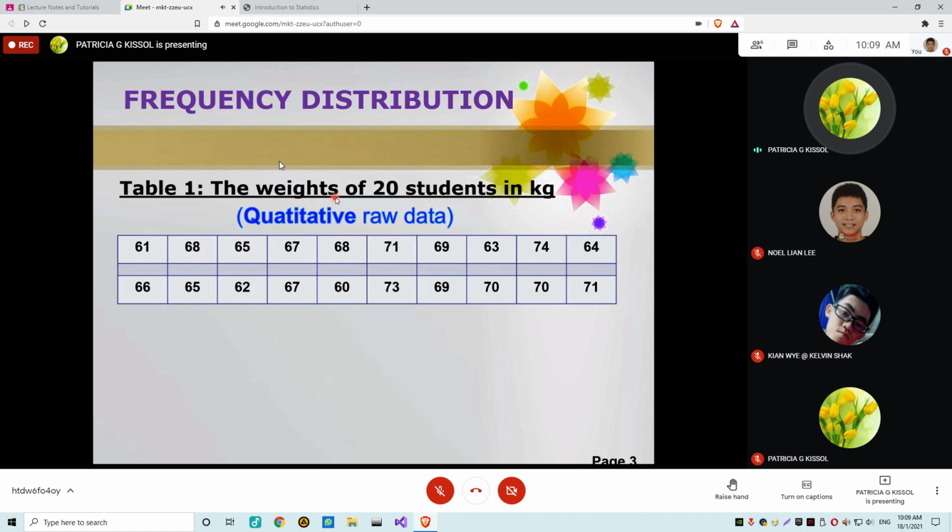So in a way, when we're talking about weights, this data is under continuous data, because weights normally have decimal places. Weights are categorized as measurement kind of data.